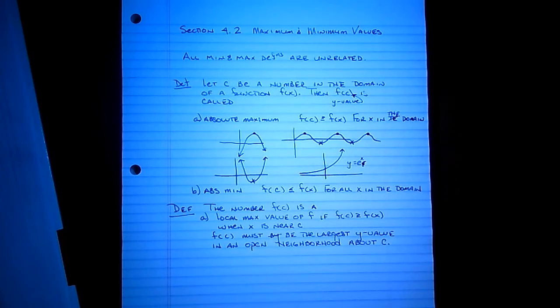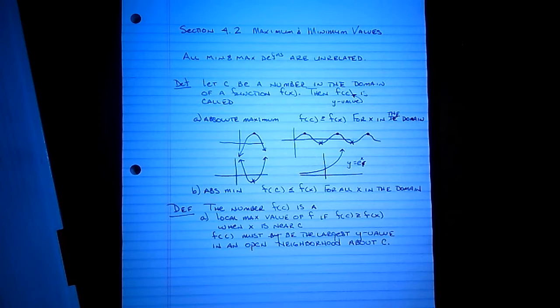What do we mean by an open neighborhood about c? Well, the simplest way for us to come to grips with it is that an open neighborhood is an open interval. Almost. It's an open interval that may or may not contain c.